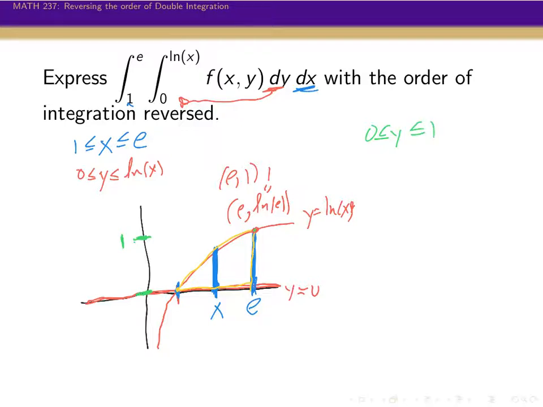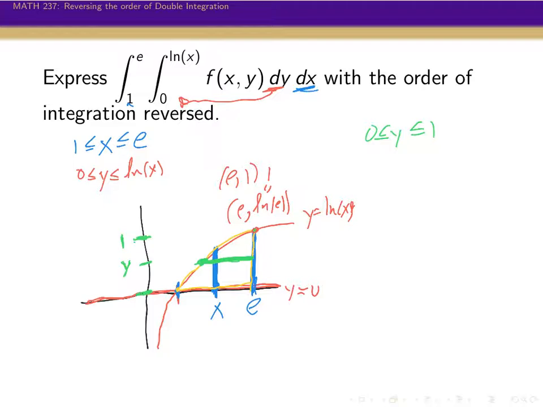Okay, now we're thinking about picking some y value in between, and then we're integrating over the x values inside the region at that particular y value. So we're looking at this green line here. So the green line starts at y equals natural log of x, but we need to write this the other way.